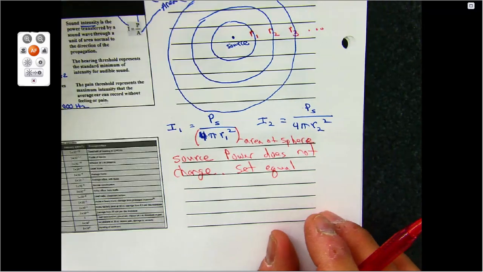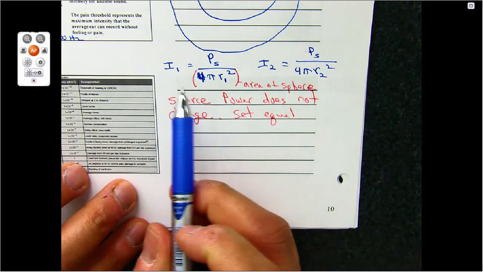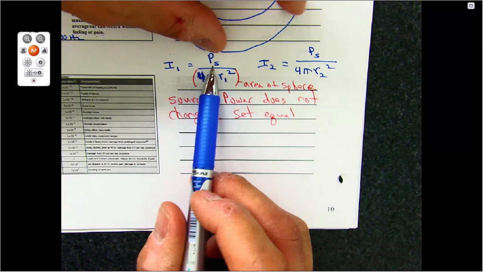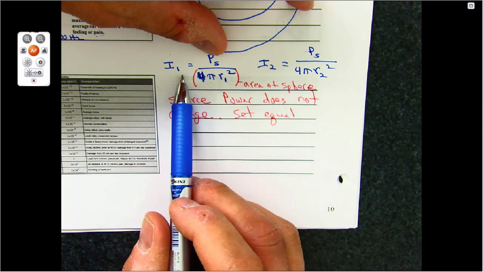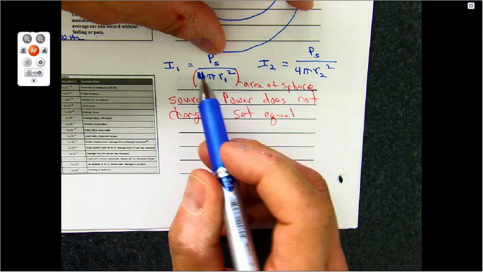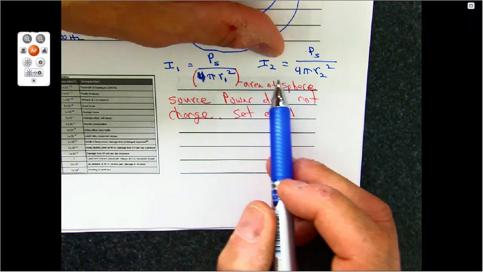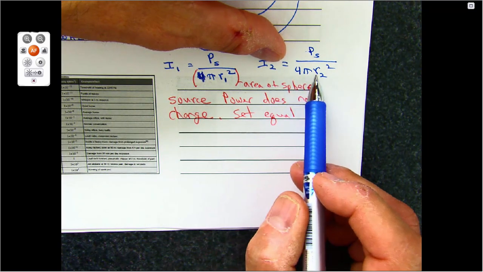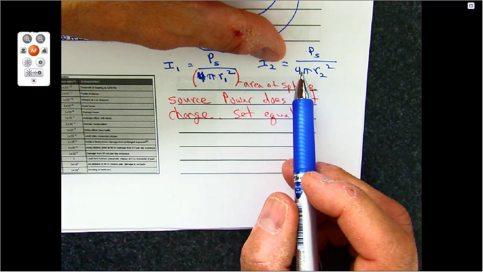So if the power of the source doesn't change, if I take I1 times what's down here, I would get the power of the source, right? Just like over here, if I take I2 times 4 pi R2 squared, I would get the power of the source.